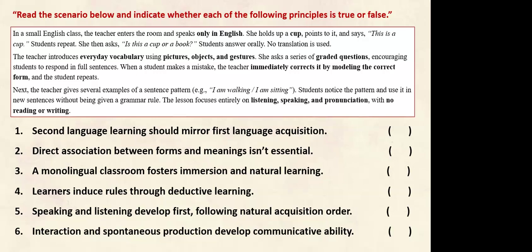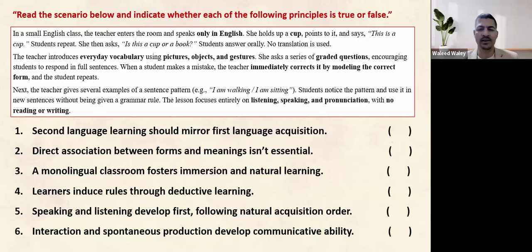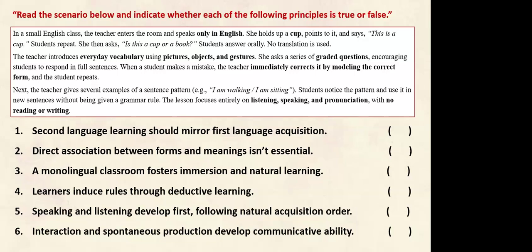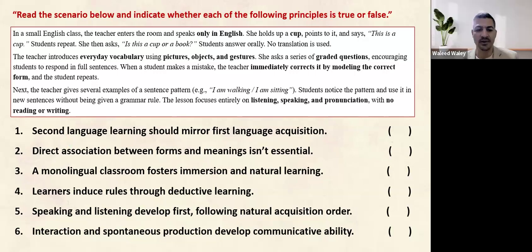True or false? False. Direct association between forms, meaning the words or the written words, and a meaning. Is it essential or not? It's false. In introducing the new vocabulary, the teacher here used pictures, objects, and gestures.